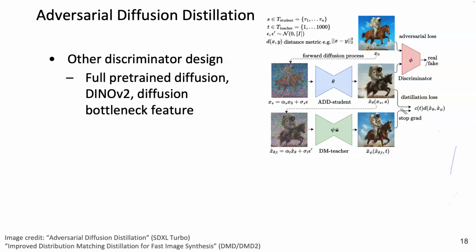This turns out to work quite well and can also provide very discriminative feedback signals. So that's mostly on the discriminator side, about how we can design effective discriminators for diffusion distillation.